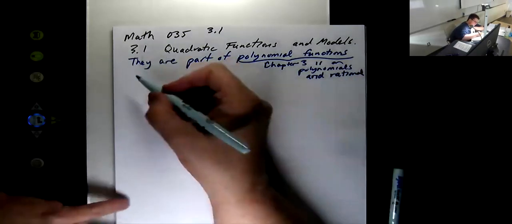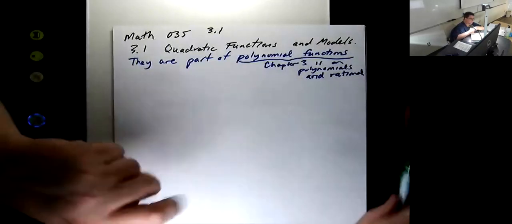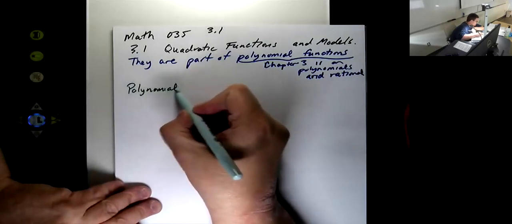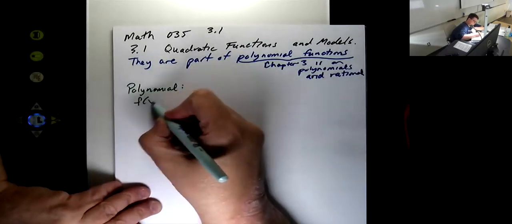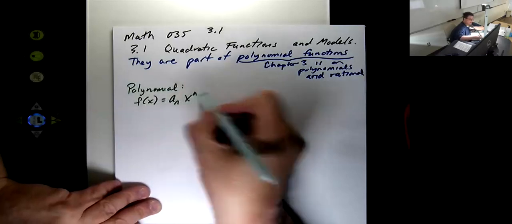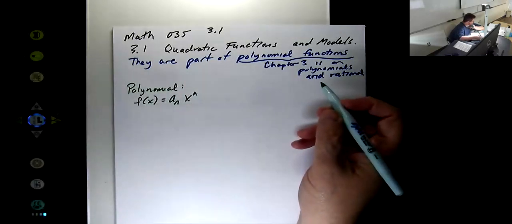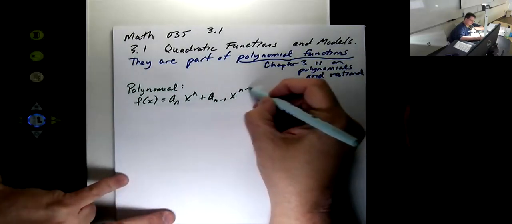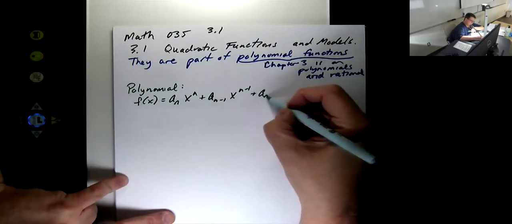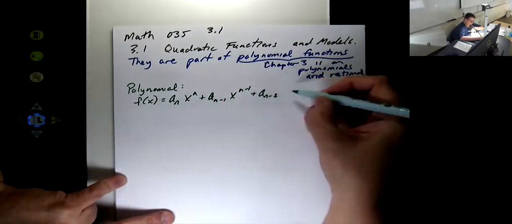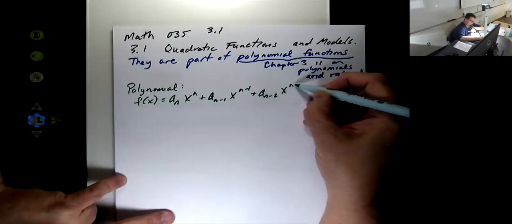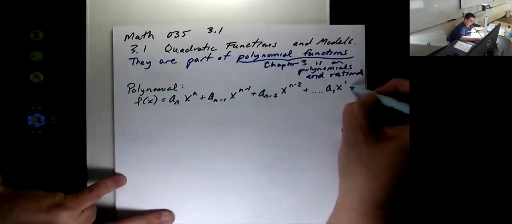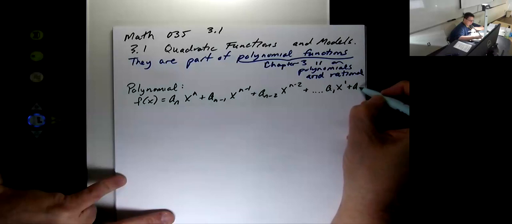So a polynomial is a sub n x to the n plus a sub n minus 1 x to the n minus 1 plus a sub n minus 2 x to the n minus 2, dot dot dot down to a1 x to the first power plus a0, which is a constant.